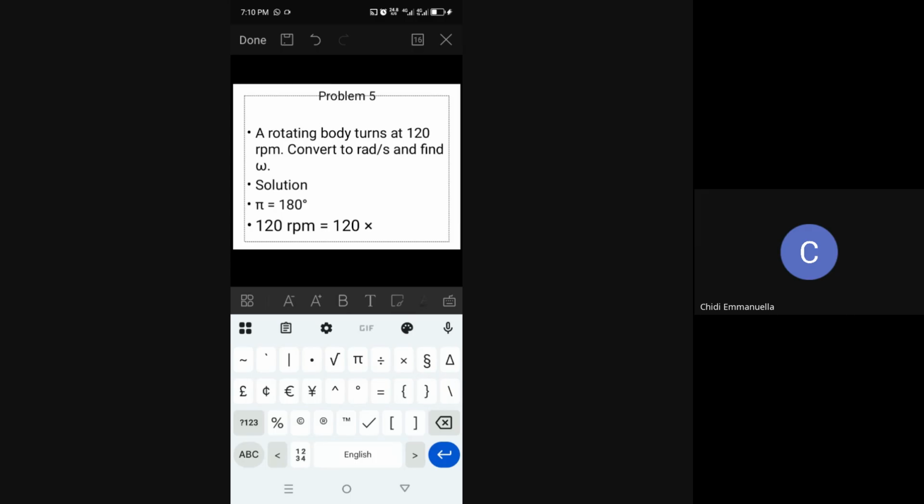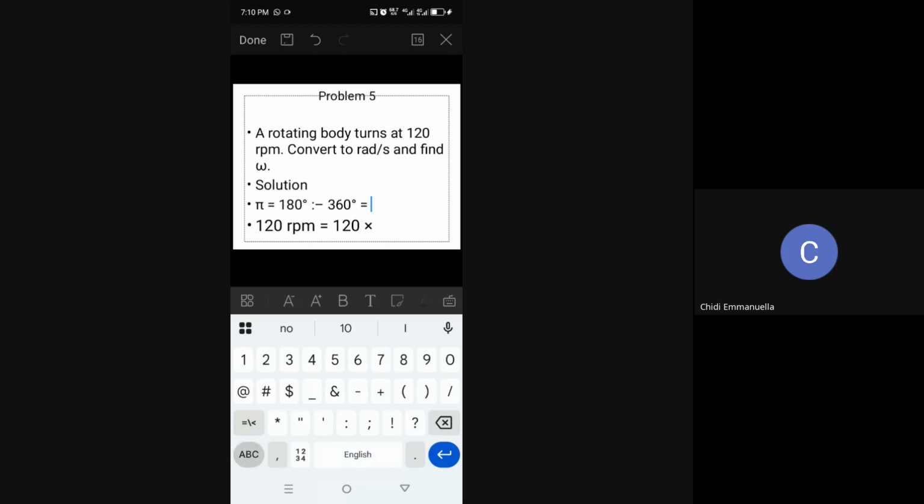Okay, when you are dealing with radians and angles, when something is rotating, it's rotating through 360 degrees. So if pi is 180 degrees, it means 360 degrees, which is a complete circle, is equal to 2 pi.